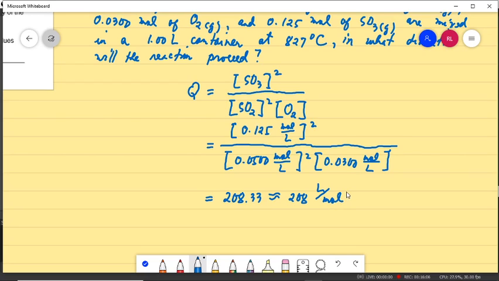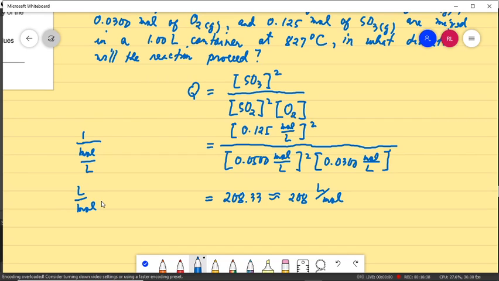Why? Because as you can see here, you have mole per liter raised to the power of 2, and you also have here mole per liter raised to the power of 2. So this is cancelled. What is left is mole per liter. So this becomes 1 over mole per liter, and then get the reciprocal of this, and the reciprocal is liter per mole.